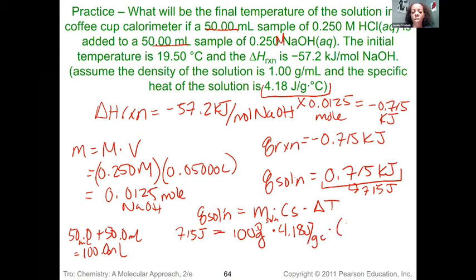And now our change in temperature would be the final temperature minus whatever it was initially, which was 19.50. It then becomes algebra. So we would take 100 times 4.18, and that gives us 418 times TF minus 19.5, and that's all equal to 715 joules.